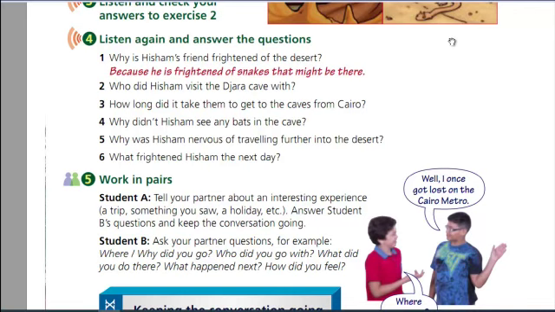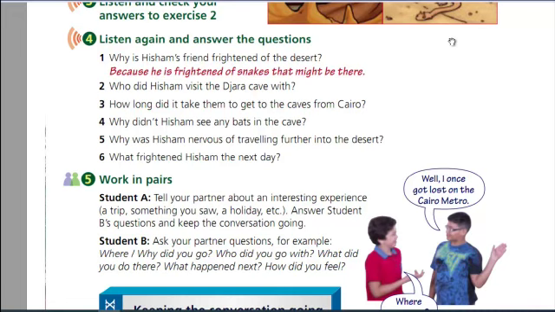Hisham will start. Hisham: Have you ever seen the desert? Boy: No, I haven't. I mean, I have seen a lot of photos of it, but I have never been there myself. Hisham: Don't you want to visit it one day? Boy: Well, yes. But the thing is, I'm really frightened of snakes.